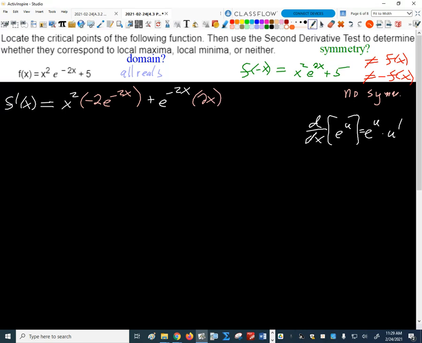So we could clean that up a little bit, couldn't we? We could factor out, it looks like how about if we factor out a 2x e to the negative 2x? And that leaves us with 1, right, from over here, minus, we got a negative there, minus x.